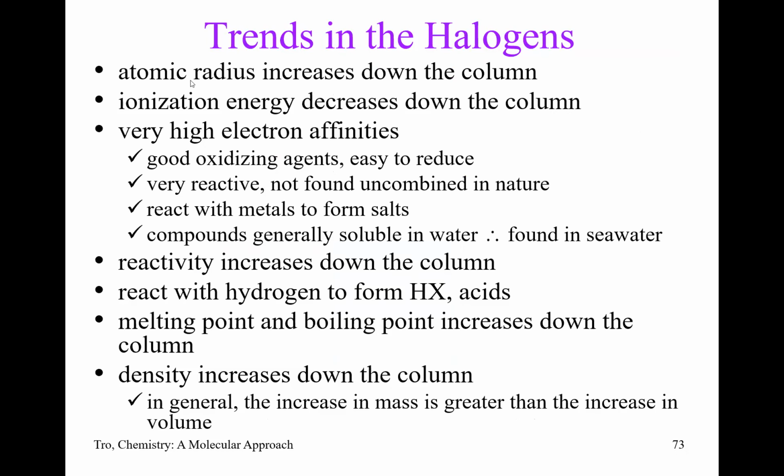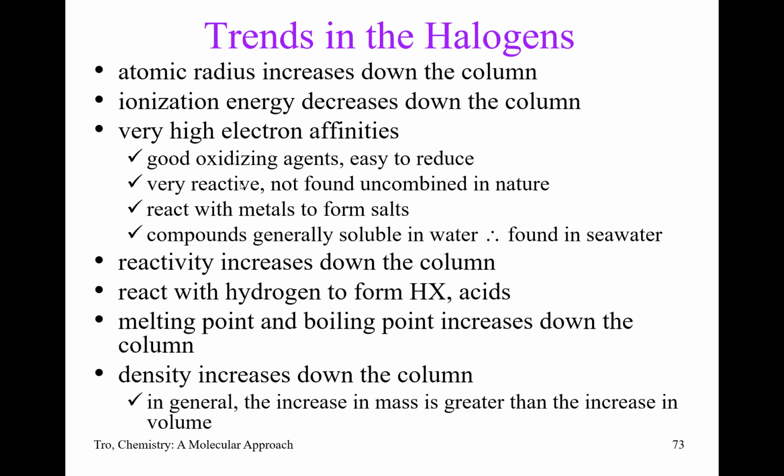So chlorine on down, same trend in radius, same trend in ionization energy. The electron affinities, now these are kind of relevant because the halogens want to gain electrons. There's not much said here about the ionization energies because they don't want to lose the electrons, they want to gain them.